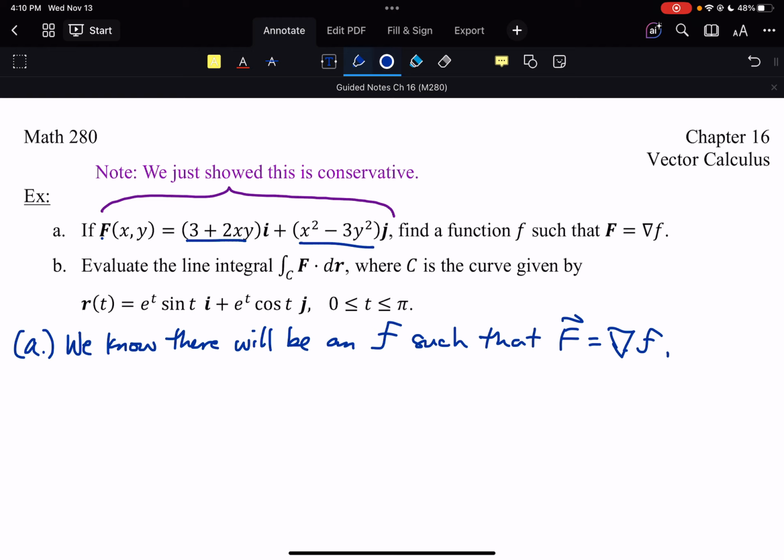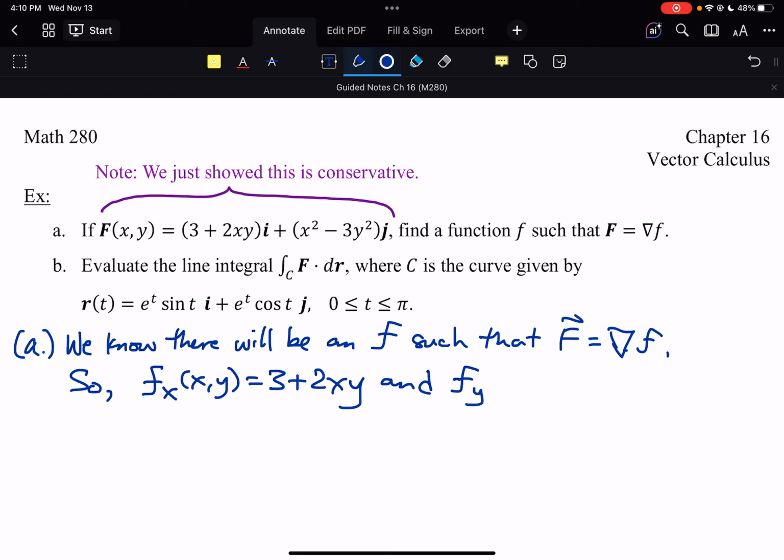Let me say that again. If this is the gradient of something, this must be the fx component, this must be the fy component. So we know fx of x y is 3 plus 2xy, and fy of x y is x squared minus 3y squared. Those are the partial derivatives of the original potential function little f.